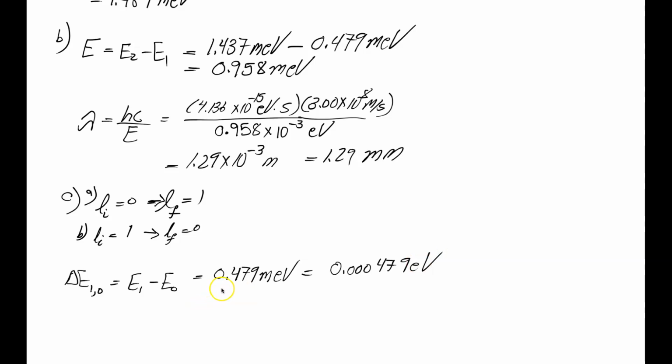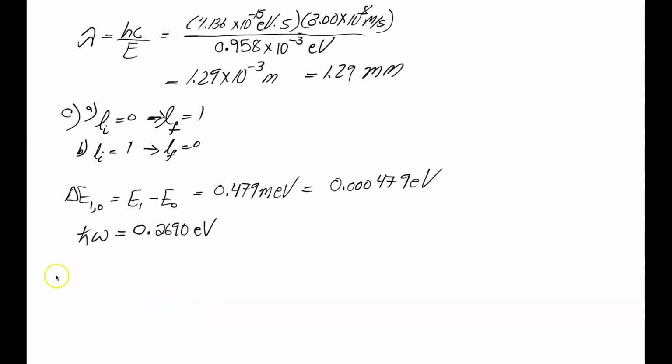The vibrational energy level separation for CO is given by h bar omega, and if we plug those in, we find that this value is 0.2690 electron volts.